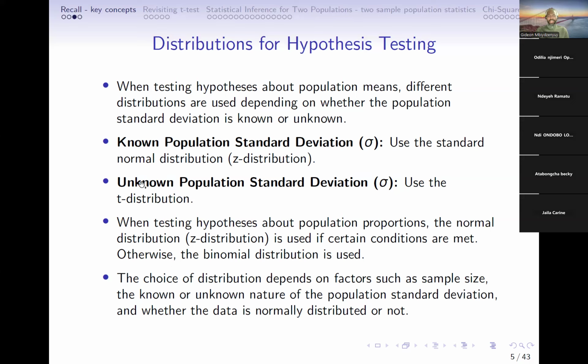If we have more than 30, as in the number of instances or responses we have in a sample, whether we know or do not know the population standard deviation, and whether we know that our data is normally distributed or not. All these three factors are very important to determine which type of test to use. I think we've visited this over and over, so please, if you still haven't understood that, review it one more time and at least consult the literature to see that you understand under which conditions which test should be used.